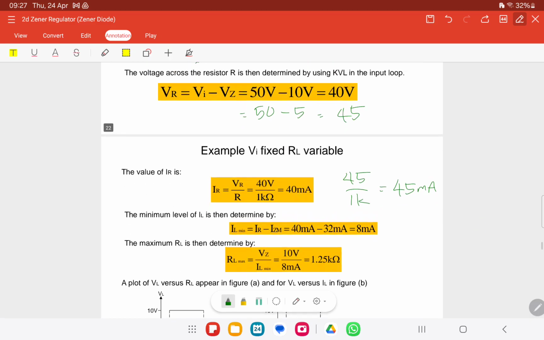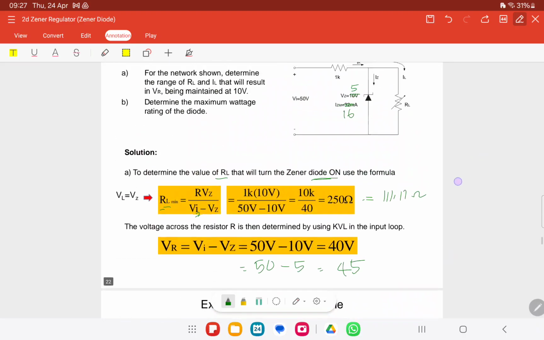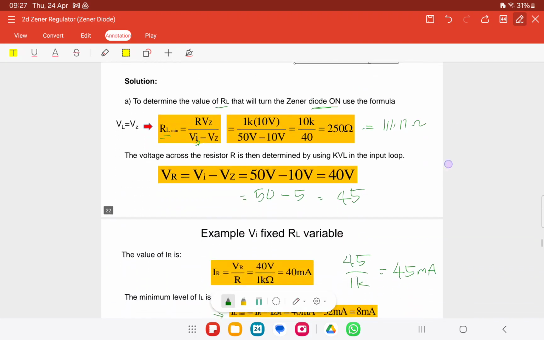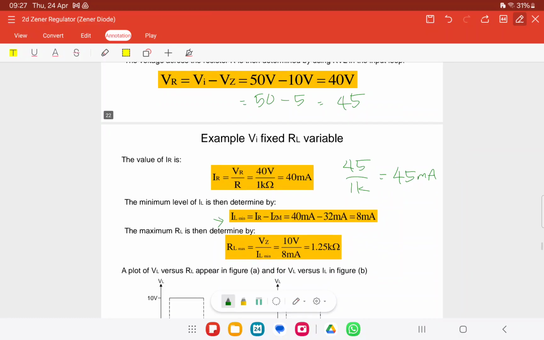Okay. So next one kita nak kira the IL pula. Because kita dah ada IR and IZM. IZM is given. Kadang-kadang bila in the question, if it is not given IZM, dia akan bagi PZM. So sama je. So from the PZM, you can get the IZM, the maximum value allowed to flow in the Zener diode. Since dah lalu maximum, we assume to be lalu maximum at the Zener diode IZM.